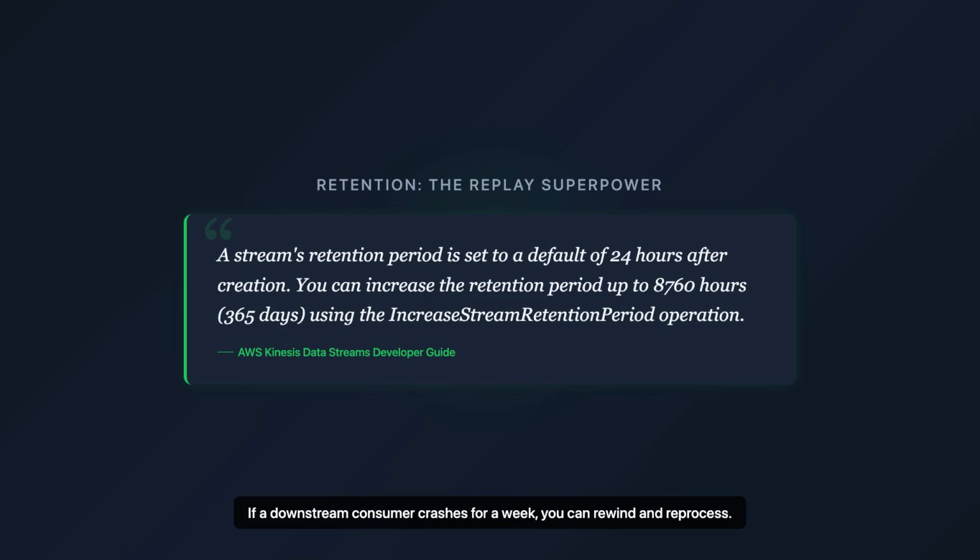If a downstream consumer crashes for a week, you can rewind and reprocess. If a machine learning team wants to backtest an algorithm against last quarter's events, the data is still there. Firehose has no equivalent, it's pure pass-through. So when the exam says replay events from 30 days ago, that's pointing straight at data streams with extended retention.